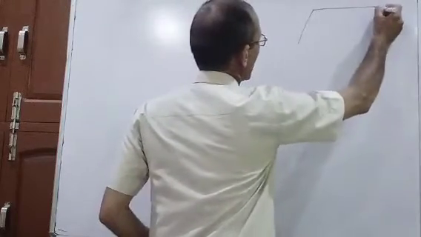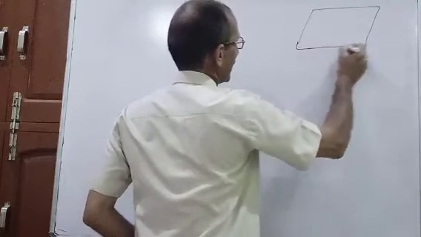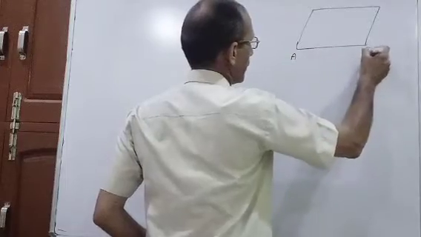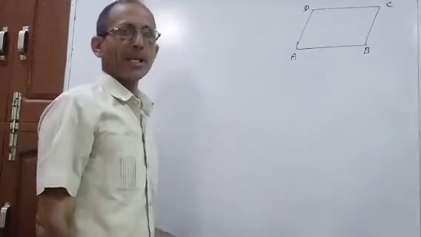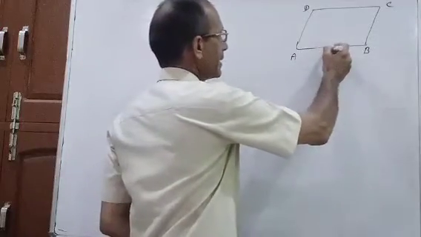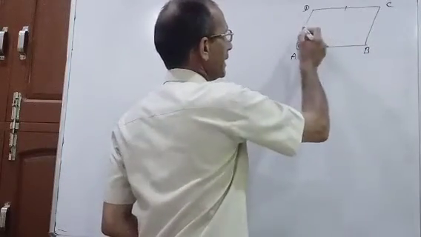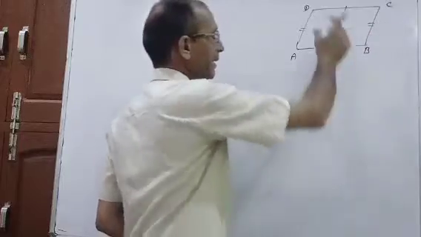So, a quadrilateral ABCD. ABCD is a quadrilateral. This side is equal to this one. This side is equal to this one.